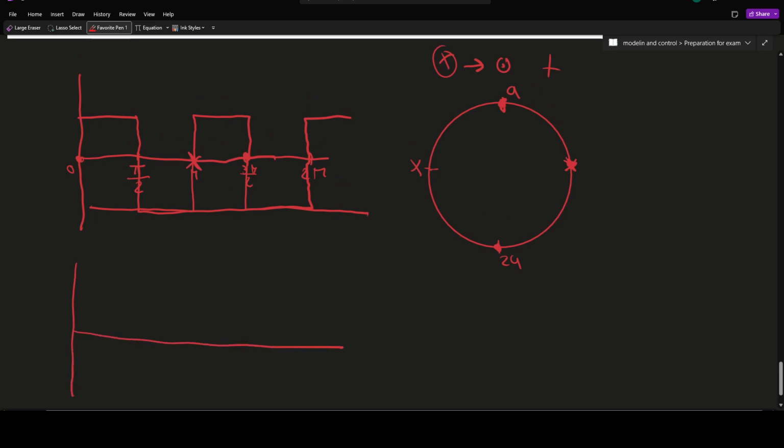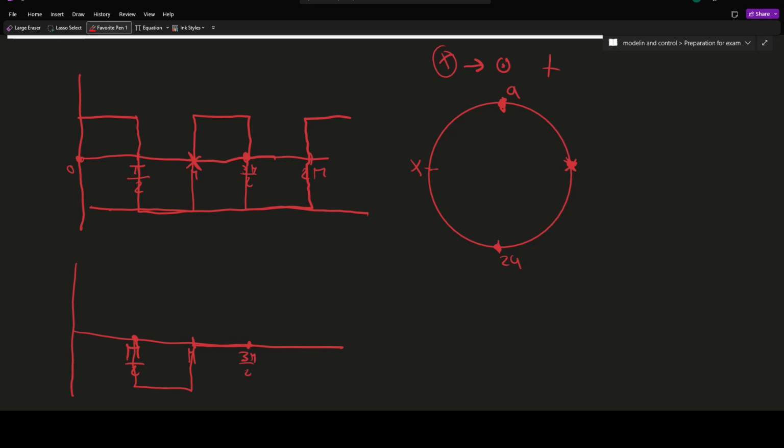So now we can see that from 0 to pi over 2, one of them is negative and the other is positive, so they are going to be 0. From pi over 2 to pi, they are both negative, so they are going to add up. From pi to 3 pi over 2, one is positive and one is negative, so they are going to be 0.